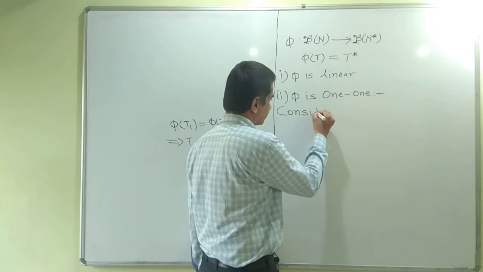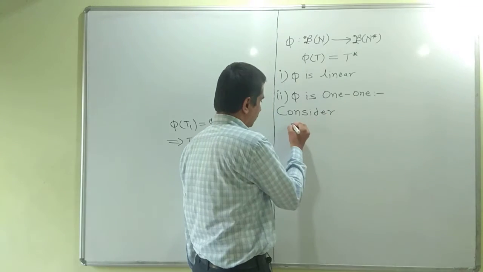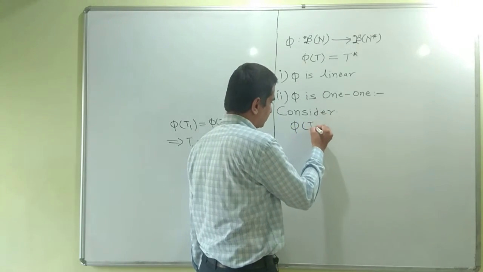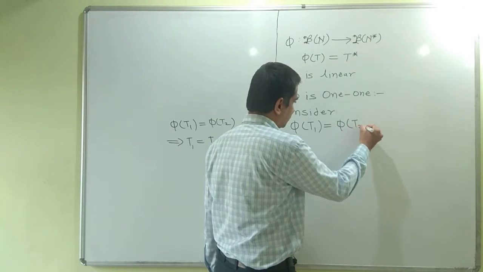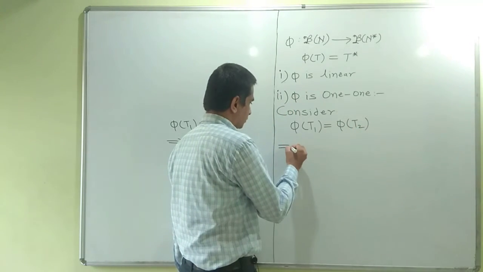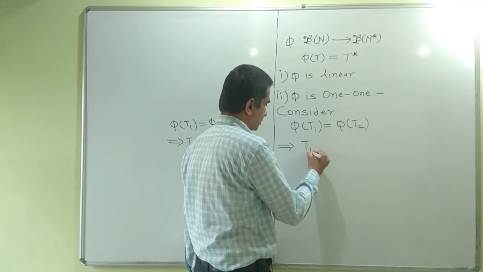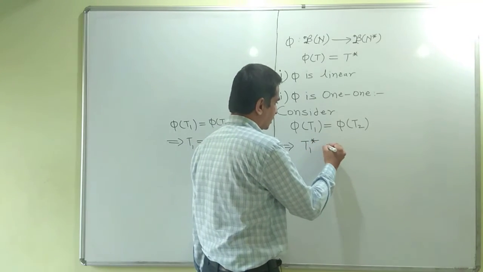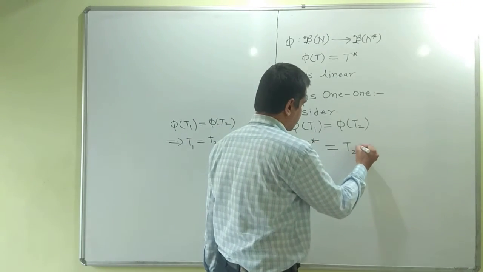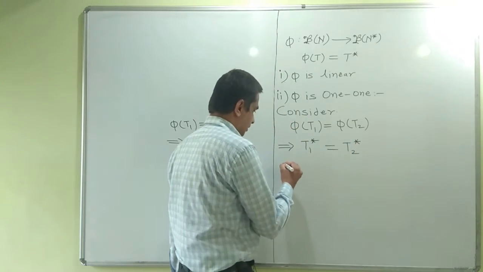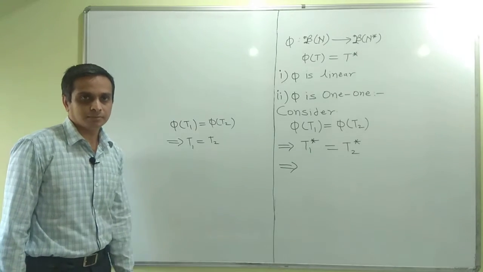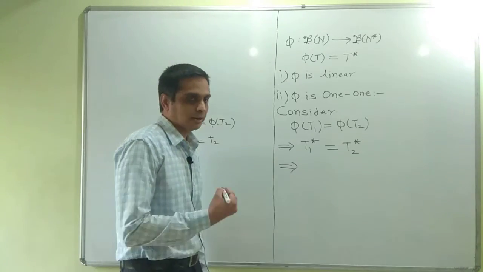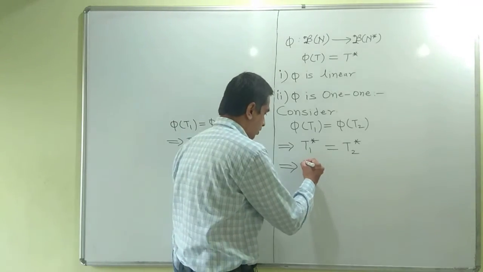Consider phi of T1 is equal to phi of T2. This implies T1 star is equal to T2 star. Two functions are equal if and only if they have the same values at all points.